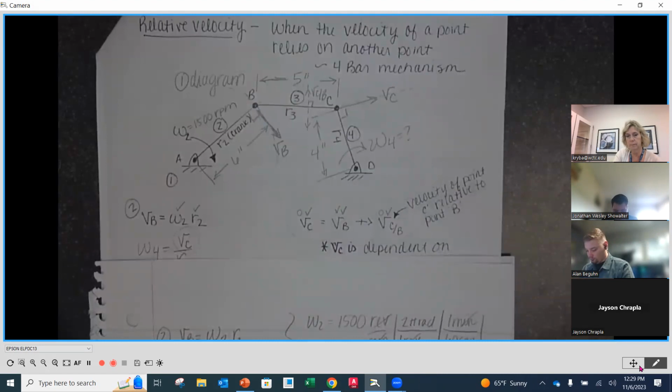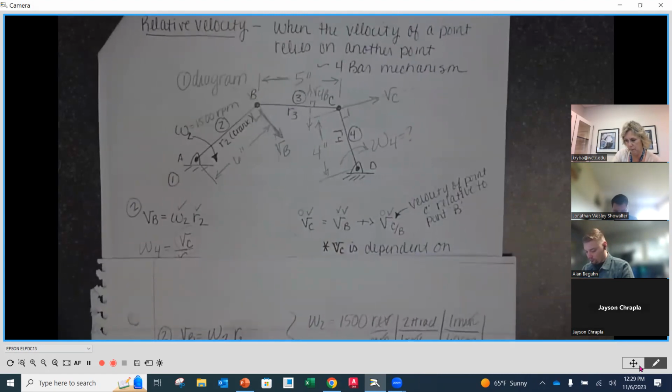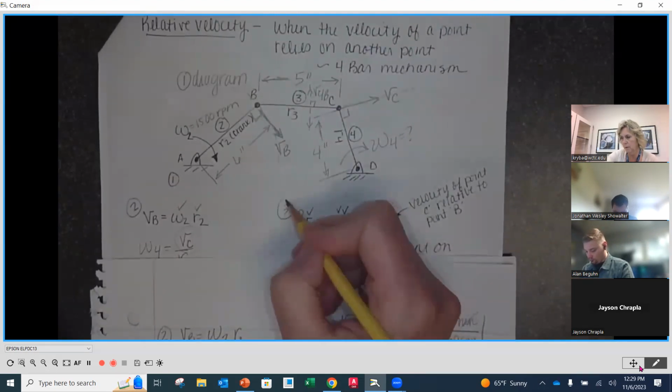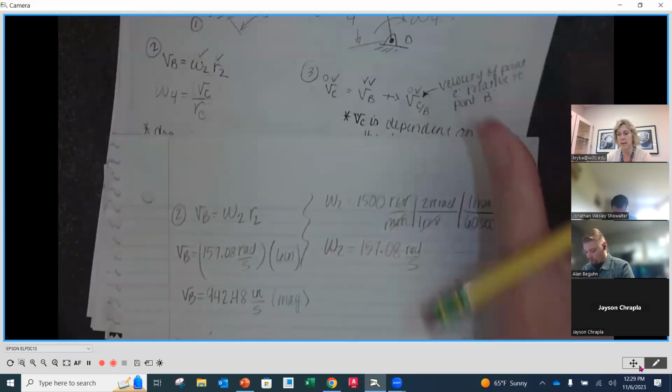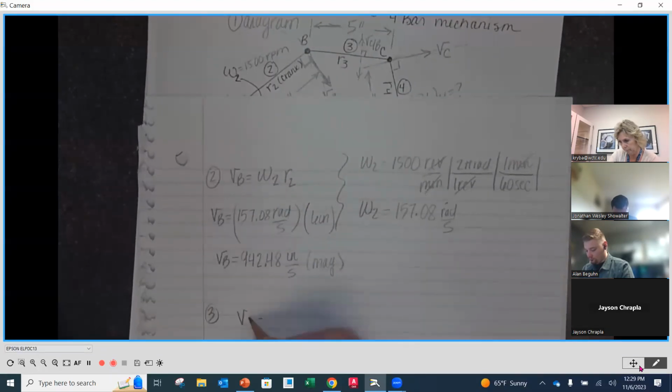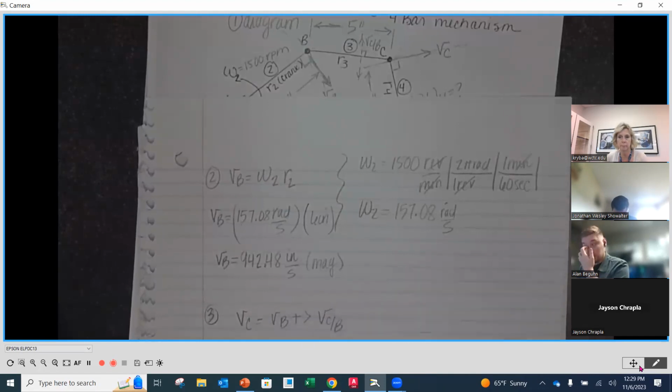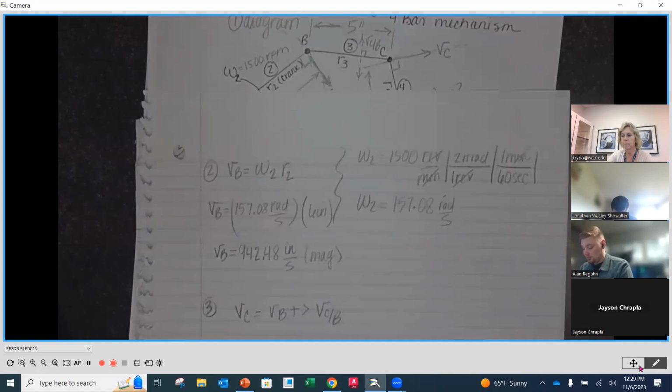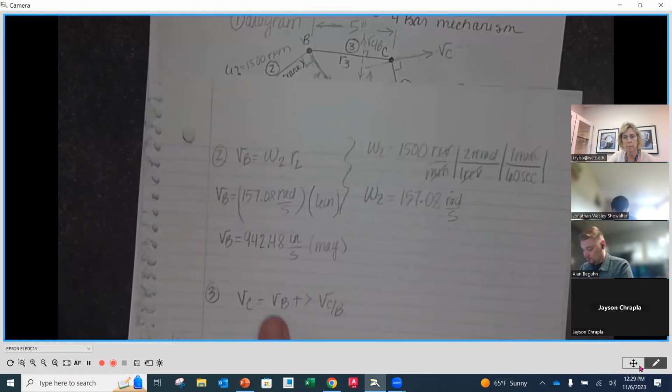So step number 3, and I'll put step number 3 over here. It's going to be that vector diagram. The vector diagram is going to be the velocity of C equal to our B plus the velocity of C relative to B. And again, this is unknown is equal to known plus the relative velocity of the unknown to the known.